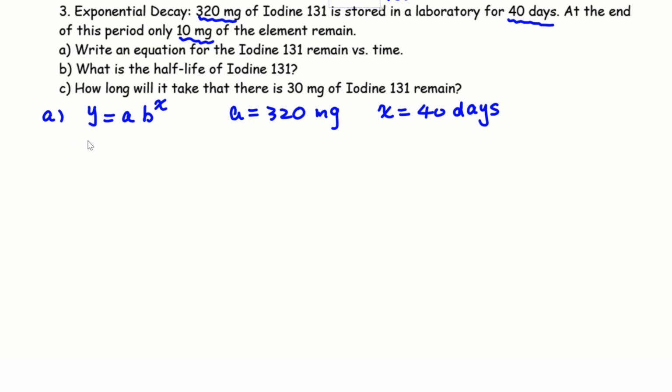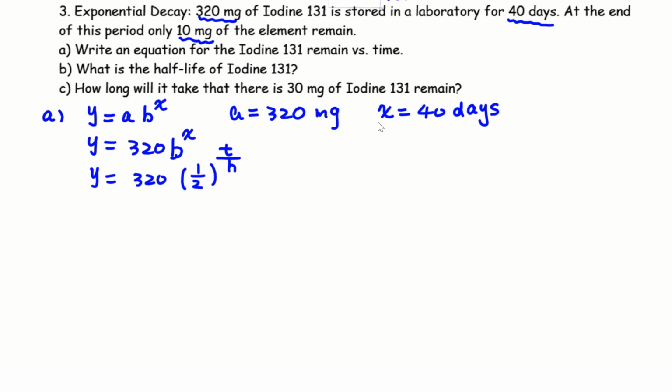So we could write it as Y equals 320, then B to the exponent X. And question B asks you for the half-life. So Y equals, the B will be 1/2 to the exponent T over half-life.